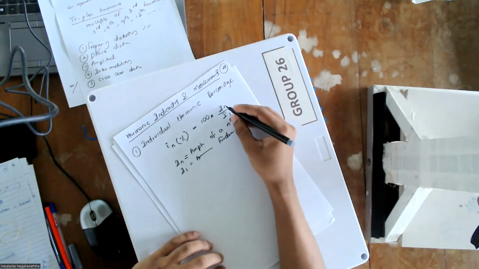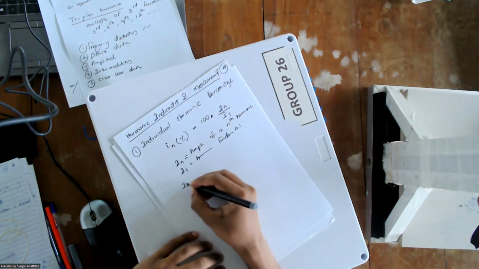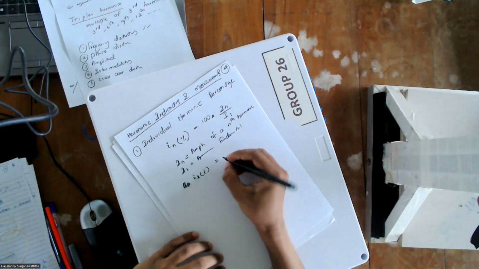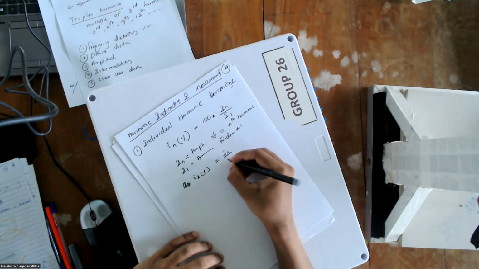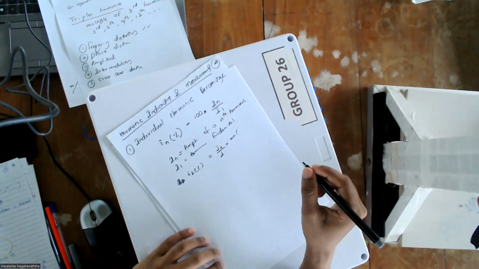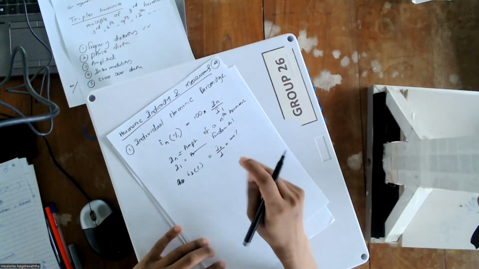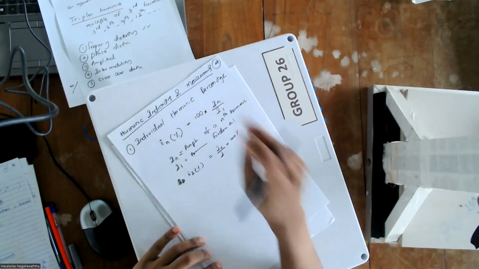Then if you need to find I2 as a percentage, it is I2 over I1 multiplied by 100. So this is the individual harmonic percentage.